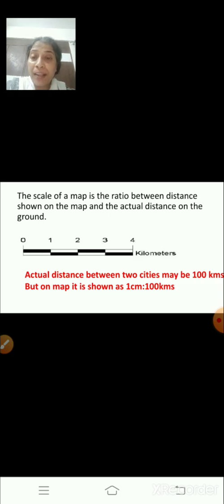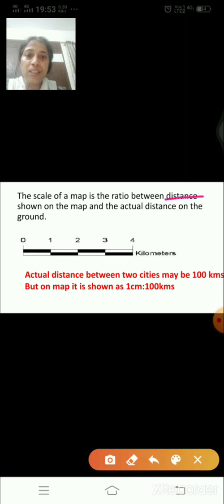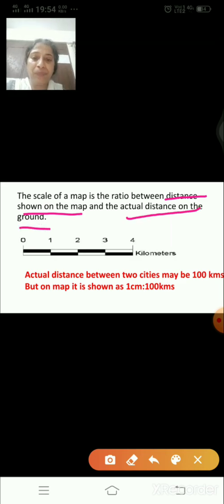So to do this accurately, maps are drawn to a scale. So students, what is a scale? A scale of a map is the ratio between distance shown on the map and the actual distance on the ground.